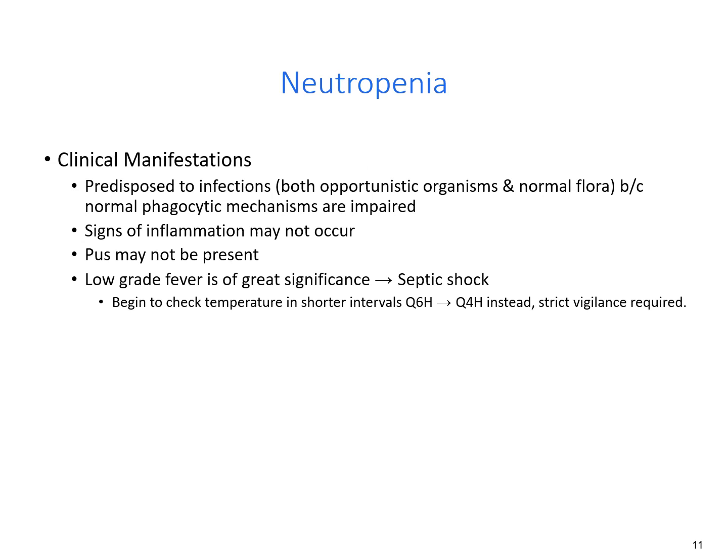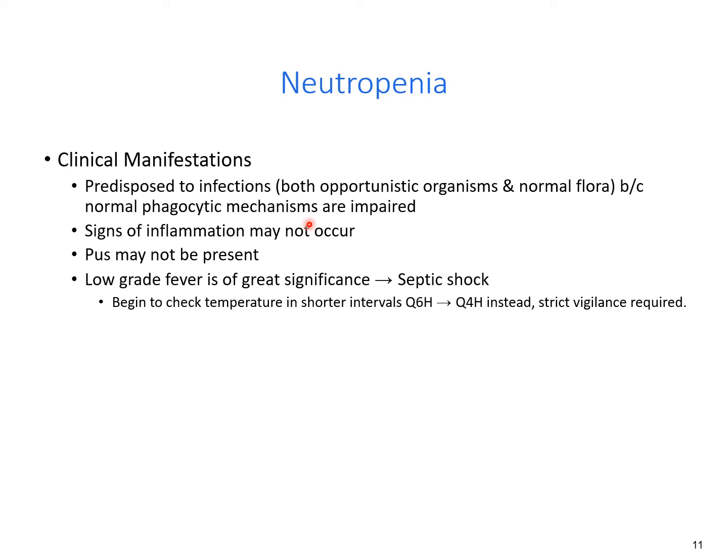Let's see, your clinical manifestations. So once you are neutropenic, you're basically at risk for getting everything. We already mentioned the fact that now you're predisposed to infections. So it's both opportunistic organisms and your normal flora that normally would not be an issue. All of that now becomes a problem for you, because your phagocytic mechanisms are impaired.